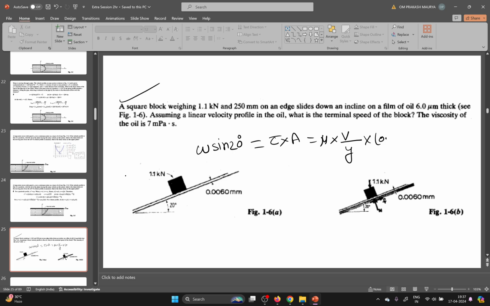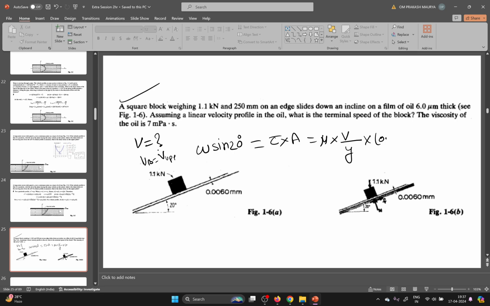For that, you need to calculate the speed of the block. So you need to calculate the velocity of your block, which is equal to the velocity of the upper layer of the fluid.